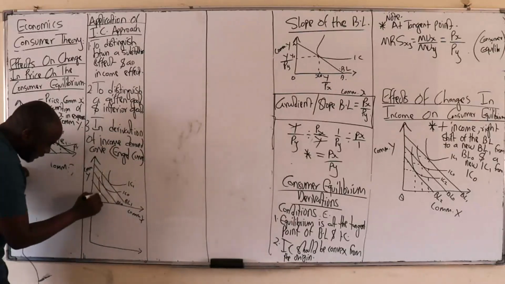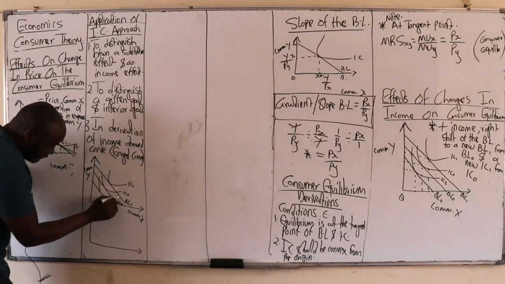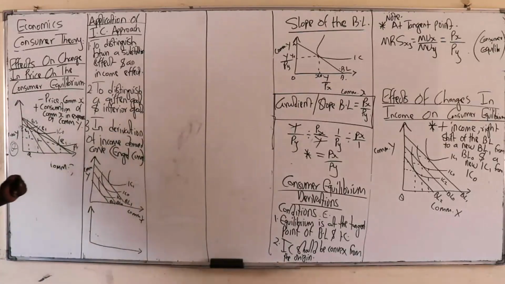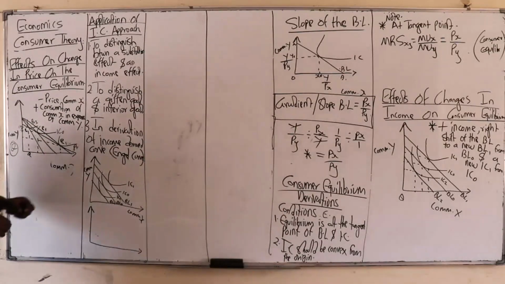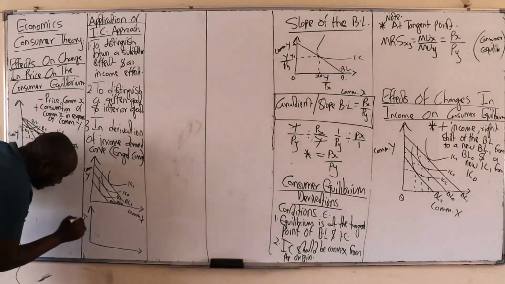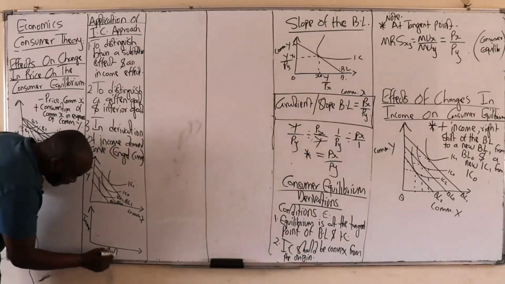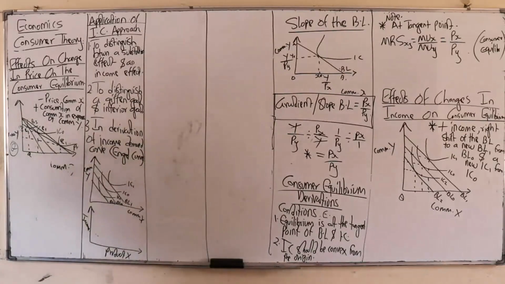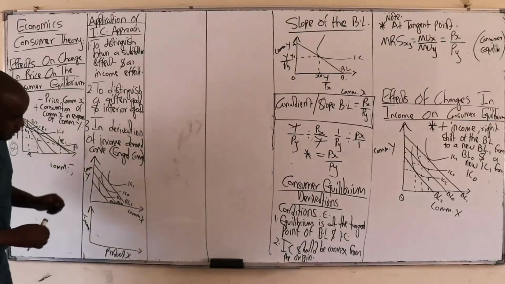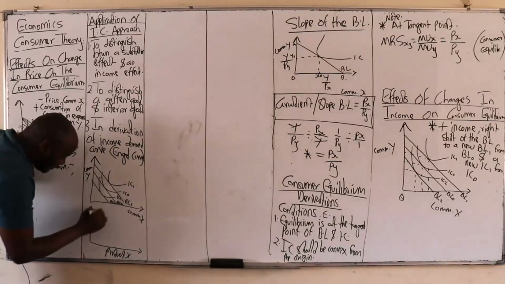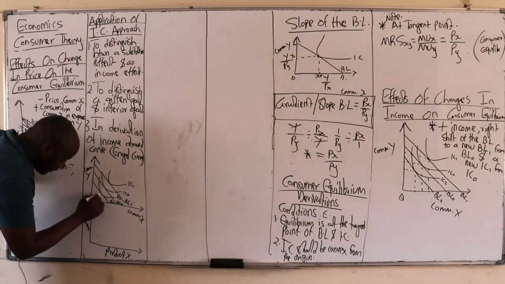Then lastly here we have indifference curve 2, BL2. Then we have our income here, and we have our product X. So assuming that, our Engel curve will be derived like this.